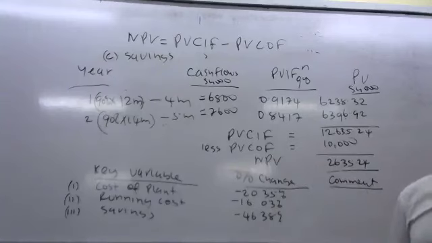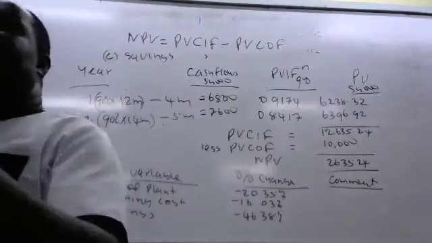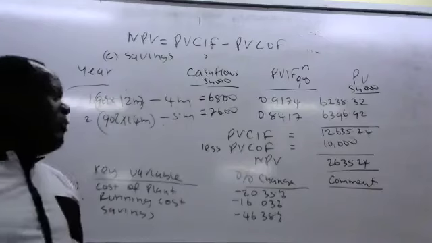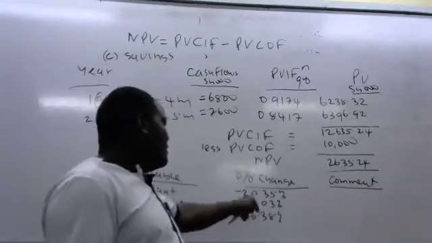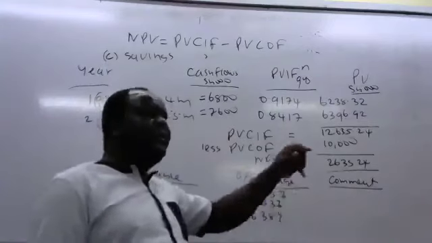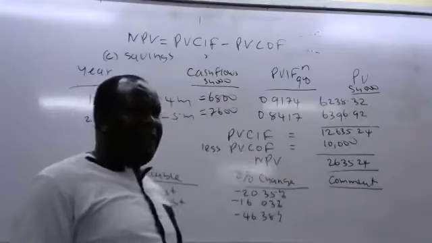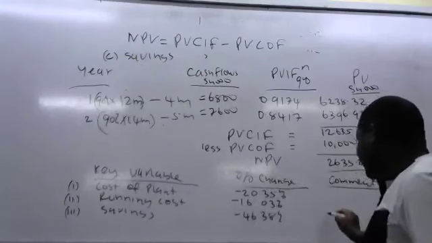The most sensitive is the one that will reduce NPV by a big margin. So savings will be the most sensitive.